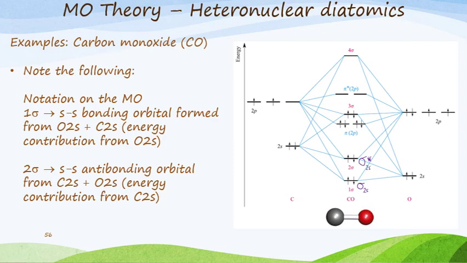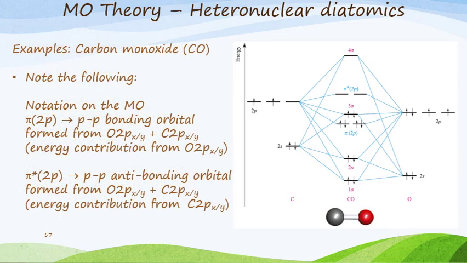You will see that this one relates to carbon and this one relates to the oxygen. So that explains the formation of the molecular orbitals when we overlap the 2s orbital from carbon and the 2s orbital from oxygen.